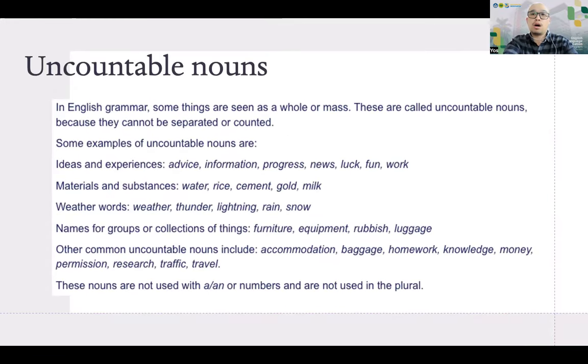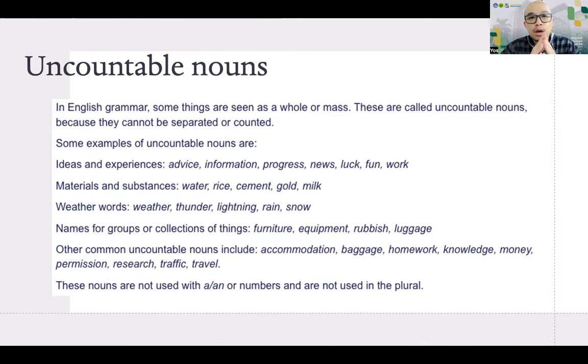Uncountable nouns, on the other hand, in English grammar, are seen as a whole or mass. These are called uncountable because they cannot be separated or counted. Some examples are ideas or experiences, like advice, information, progress, news, luck, fun, work.